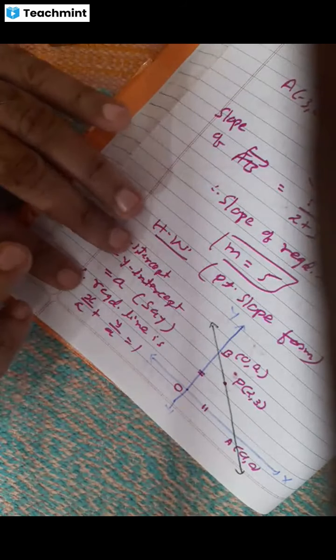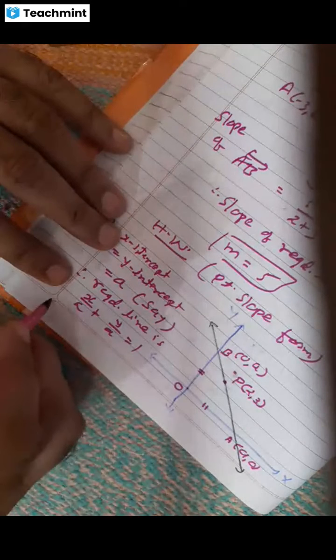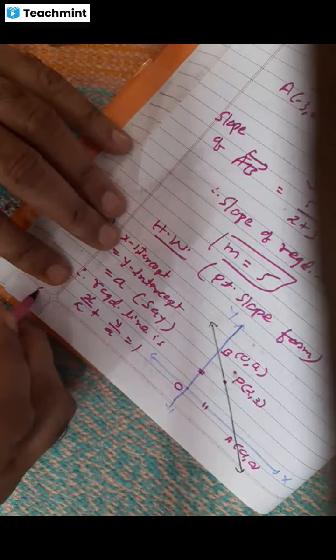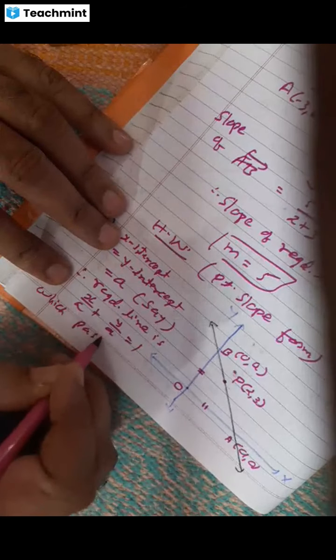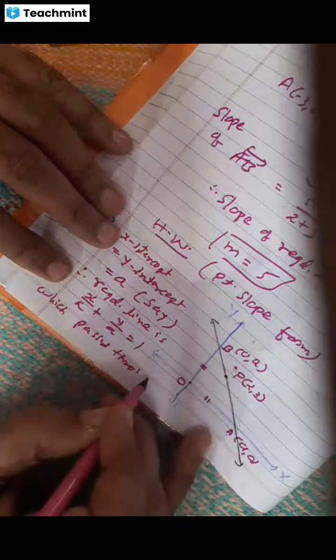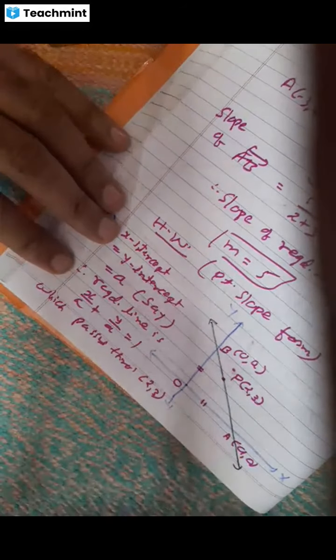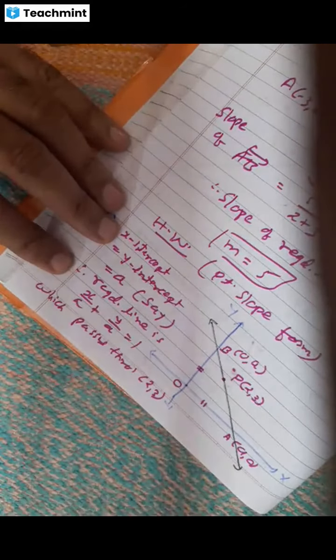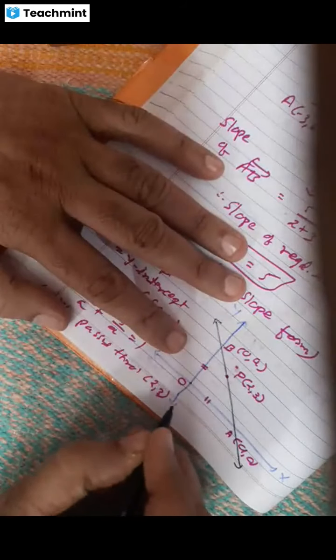So the remaining thing is for you, students. I'm just writing here that this line passes through which point? Already given, passes through the point (2, 3). And now you just have to finish the work in the homework. Okay?